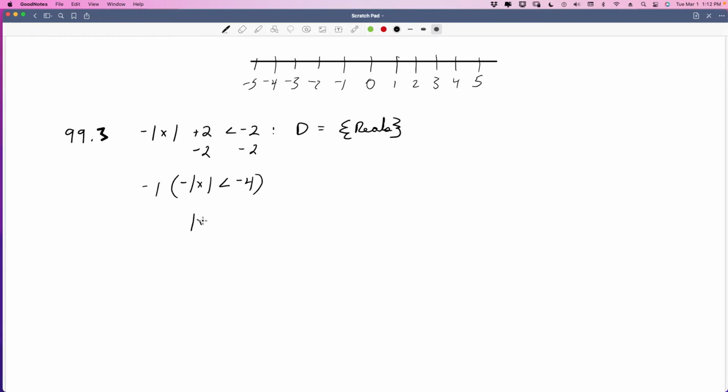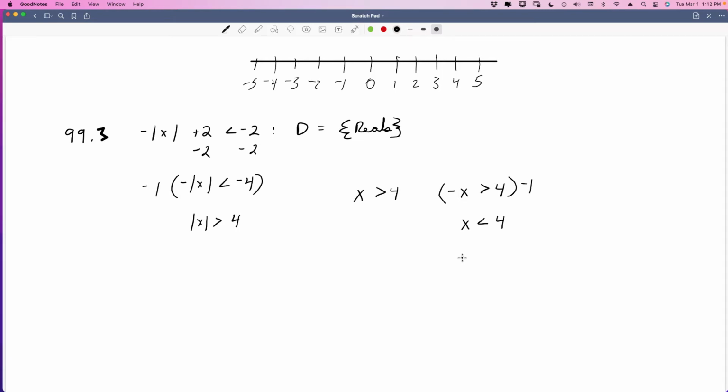So the absolute value of x is going to be greater than a positive 4 because we multiplied this by negative 1. That changes that value. So now we can rewrite that. x is greater than 4 and negative x is greater than 4. We don't like that statement, so we multiply everything here by negative 1 because we don't want a negative x, do we? So x is less than 4.